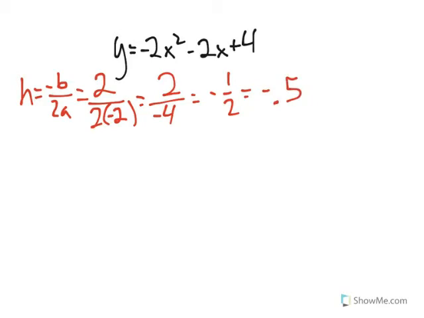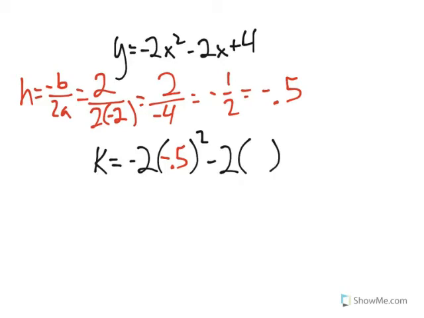To find the k value again, all I do is plug the h value into the original equation. So I'd have k equals -2 times -0.5 squared minus 2 times -0.5 plus 4, and when I evaluate that, I get positive 4.5.